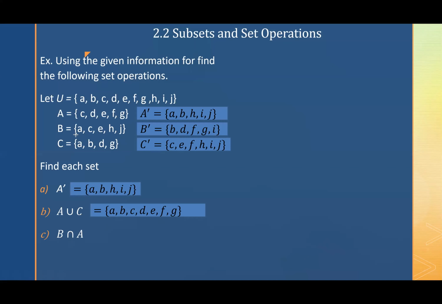The difference is that for the union, you combine them, you unite them. But for the intersection, you have to ask yourself, what is in A that is the same as in B? Or in this case, what does B have in common with A? Looking at this, the only two common items they have are C and E. They don't have any other common item, which is the intersection.